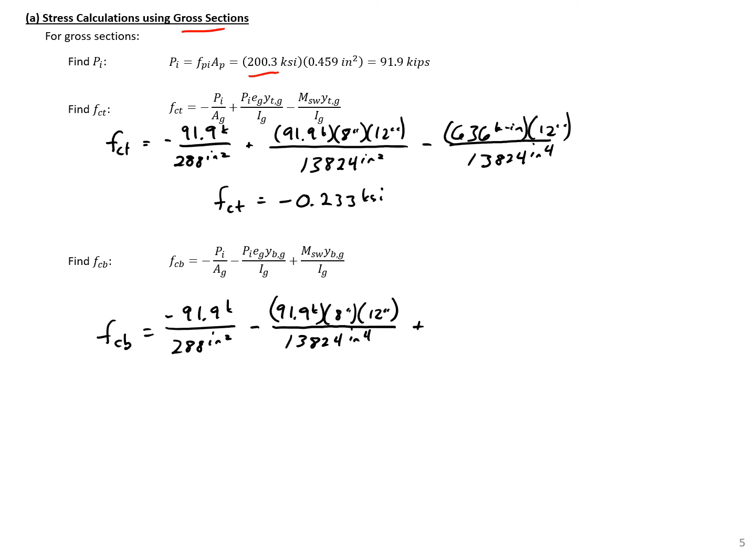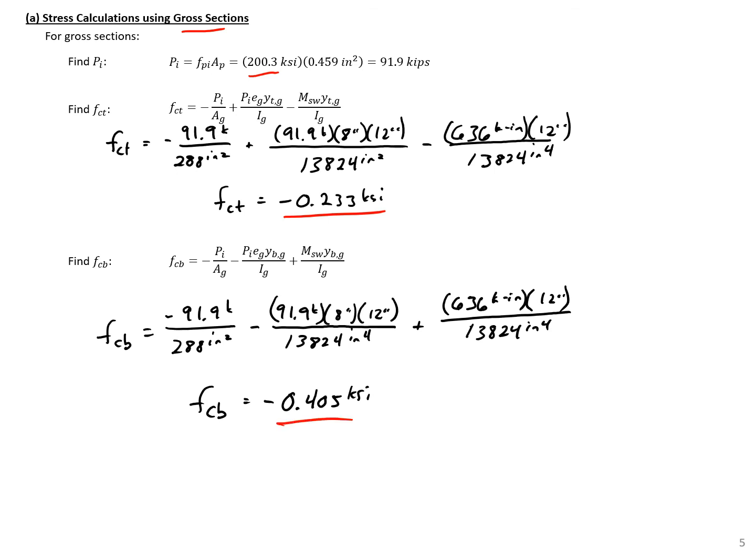And now our moment is going to cause tension in the bottom, so we have a positive sign there. So we'll have 636 kip inches times 12 inches divided by 13,824 inches to the fourth, which will give us a bottom fiber stress here equal to negative 0.405 KSI. So this is our top and bottom fiber stress due to our pre-stressing and our self-weight at release.